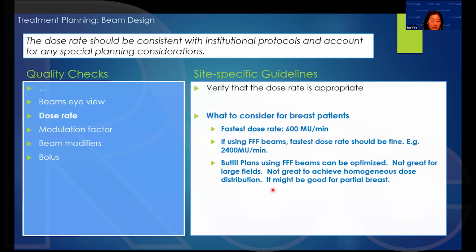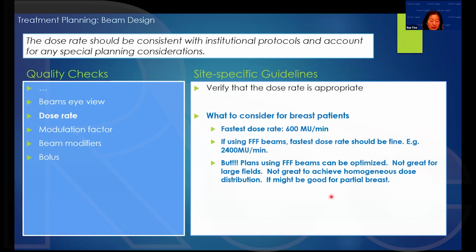Dose rate: the fastest dose rate should be used, up to 600. But what about FFF beam? It's a lot faster, but we don't typically use it because an FFF beam is not flat, and that gives a pointed dose distribution, so it is very difficult to make a homogeneous dose distribution. You have to run optimization, and you might end up with more MU with FFF beams, so it's not used that much.